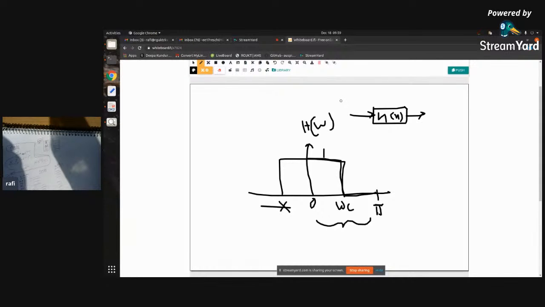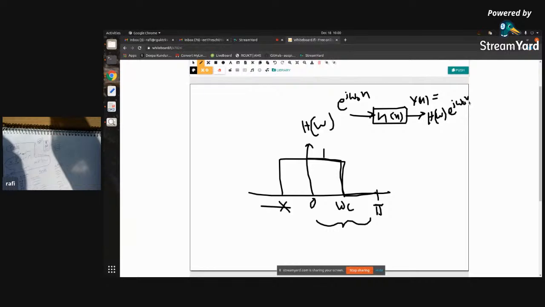When you give a complex exponential e power j omega naught n, what is the output? The output y of n is equal to H of omega into e power j omega naught n.